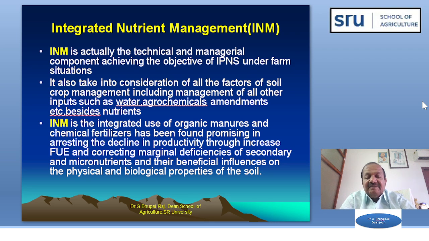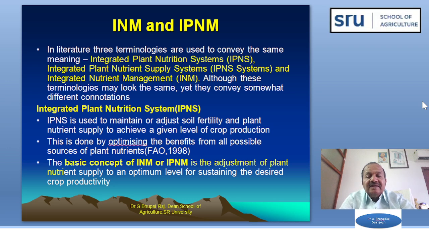So integrated nutrient management is the integrated use of organic manures and chemical fertilizers, which has been found promising in arresting the decline in productivity through increased fertilizer use efficiency and correcting the marginal deficiencies of the secondary and micronutrients, and their beneficial influences on the physical and biological properties of the soil.